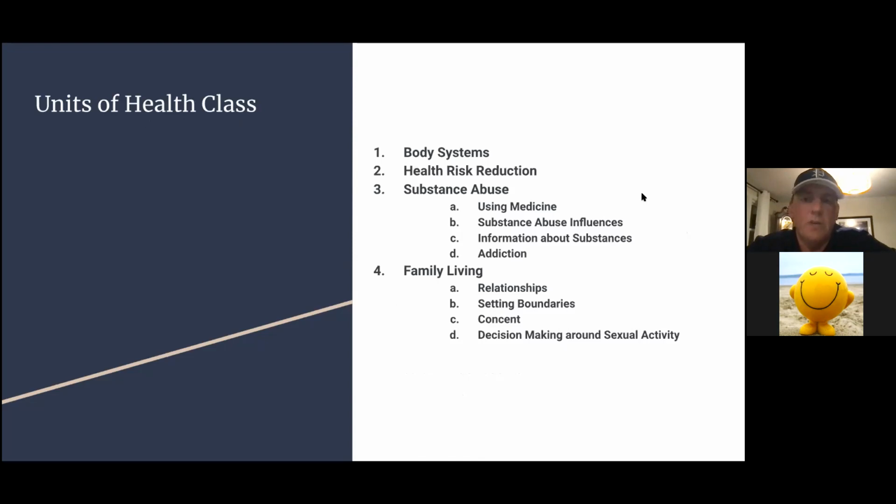Some of the topics that we cover, we start with a foundational unit on body systems and kind of getting us thinking about the human body and about some basic health concepts. Then we go to health risk reduction, and within that they learn some skills on researching for valid health information from the internet. We then start our substance abuse unit.